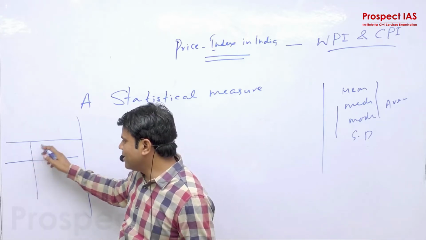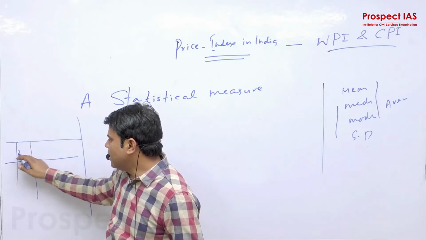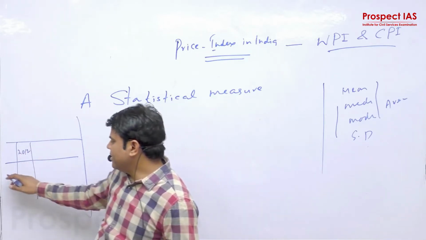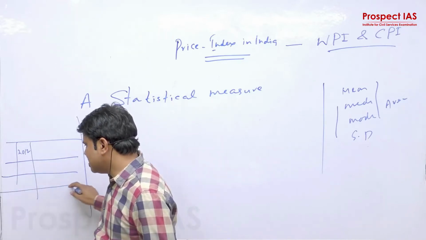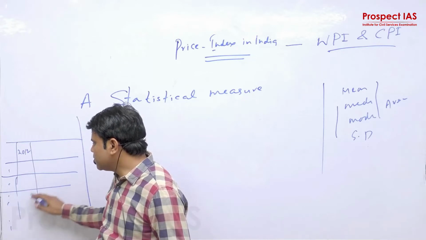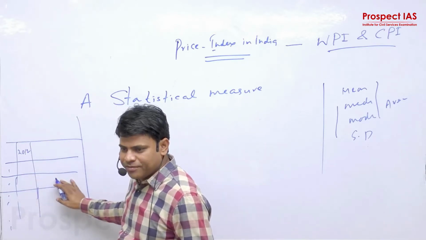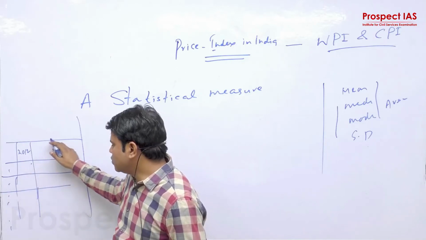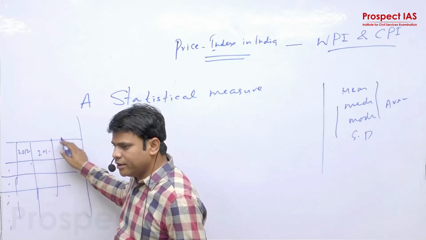Let's suppose we are recording the price from 2012, right? So there could be multiple commodities, 1 2 3 4 5 6 7, whose prices are being recorded every year. What were the prices of the first commodity in 2012, in 2013, in 2014?